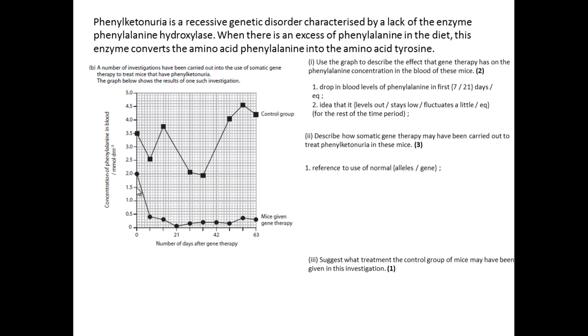And so obviously you need to get that healthy allele into the mice in this instance. And so if you refer to using the normal or healthy allele or gene, that gains you a mark. From there, you have to mention that that allele codes for phenylalanine hydroxylase, or the enzyme that does the conversion. You need to mention that.